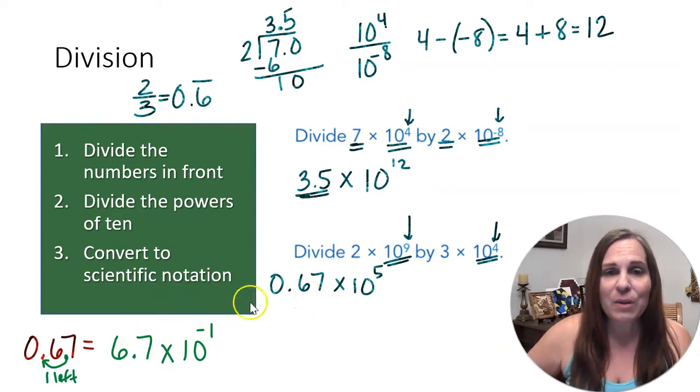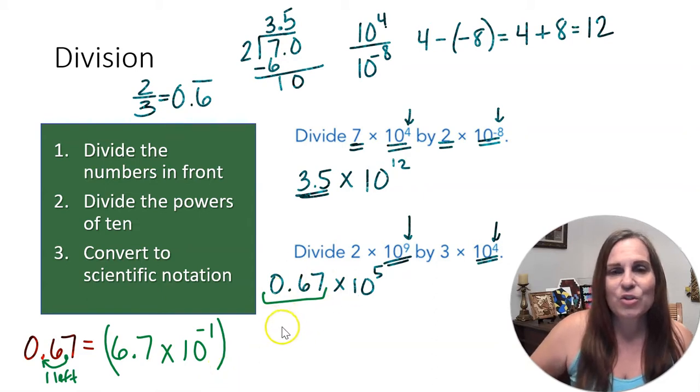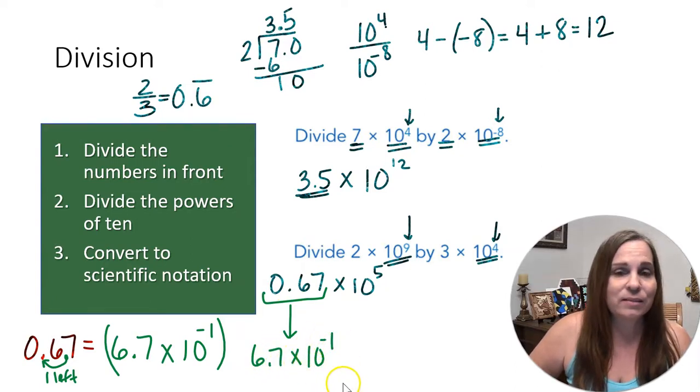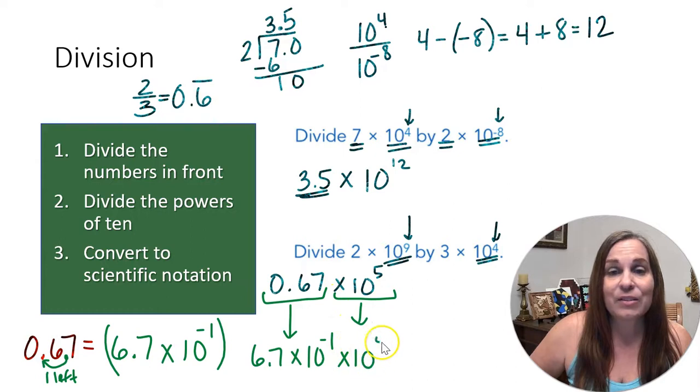All right, so now I'm going to replace this with this. So I've got 6.7 times 10 to the -1, right? And then I'm going to bring this part down times 10 to the 5th.